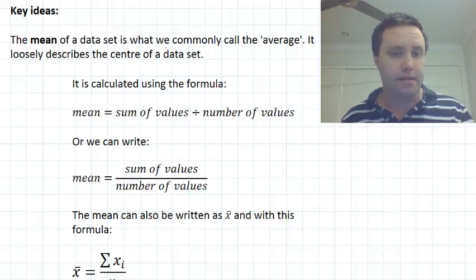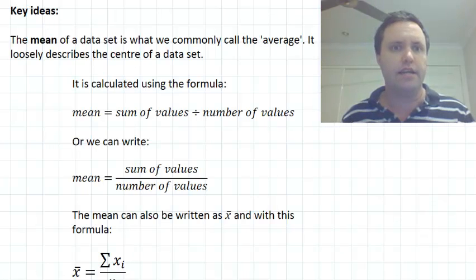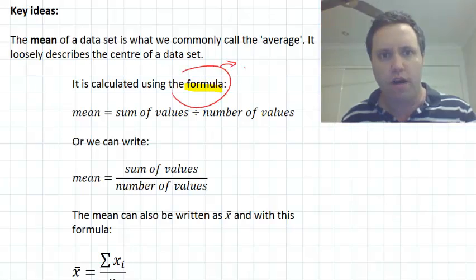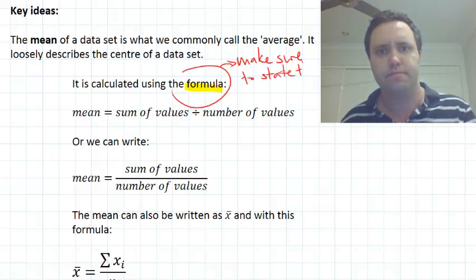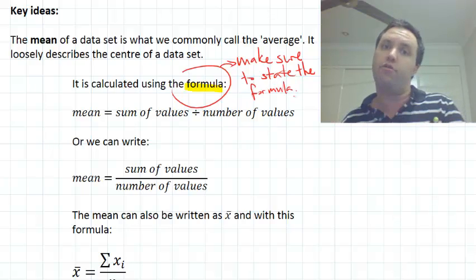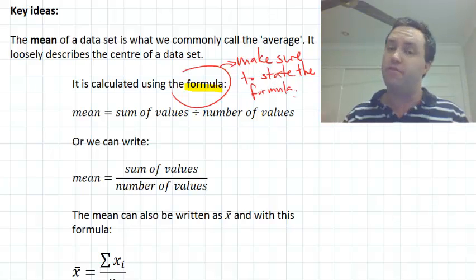Now, it's calculated using the following formula. When we're using formulas, you need to write the formula first, so make sure to state the formula before you go to use it.